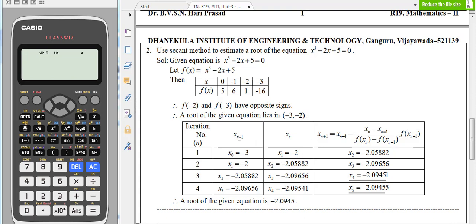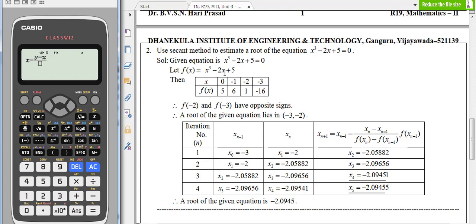So let this one be x and let this one be y. While using the calculator, let us consider this one by x and this one by y, so that the formula to be used in the case of using the calculator becomes x minus (y minus x) by f of y minus f of x.